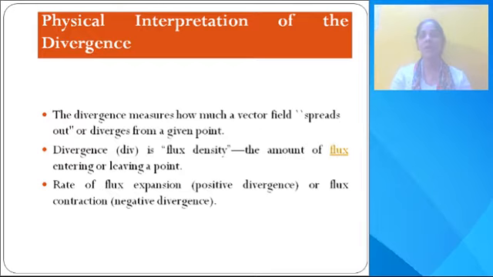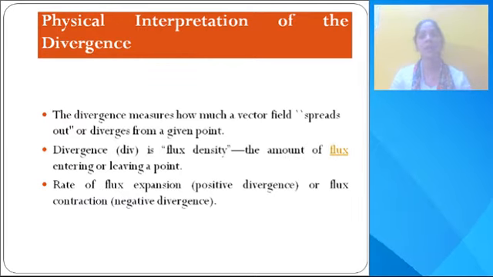Suppose we have a vector field and we want to know which type of system it is. That means either it is a source or a sink, or it behaves as neither a source nor a sink. So how can we find out? If we are able to find the divergence of that vector field, from the result we can say whether it is a sink, a source, or neither.